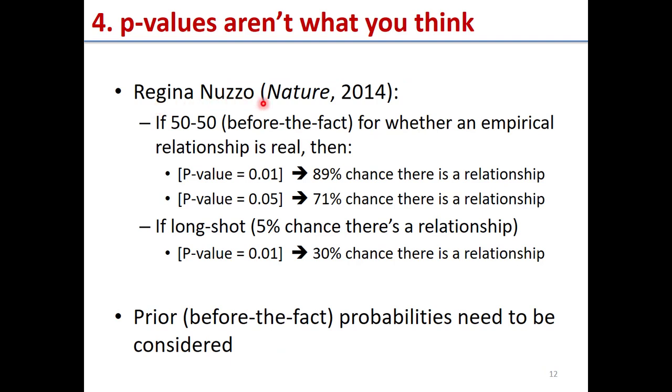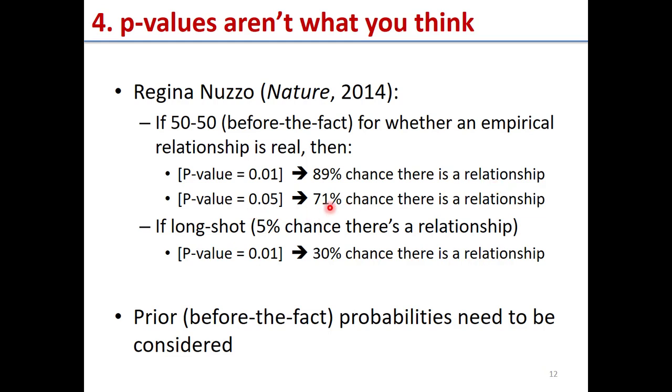What Regina Nuzzo found in an article in Nature back in 2014, and the medical researcher from Stanford, John Ioannidis, found something similar. Basically what Nuzzo said is that if there's a 50-50 chance over whether this empirical relationship is real, then if we have a p-value of 0.01, that translates into only an 89% chance that there's a real relationship.